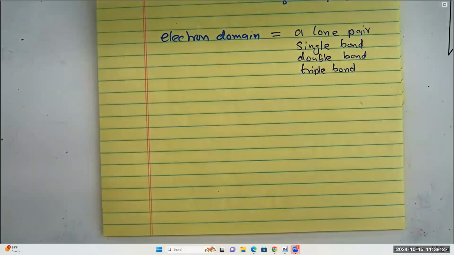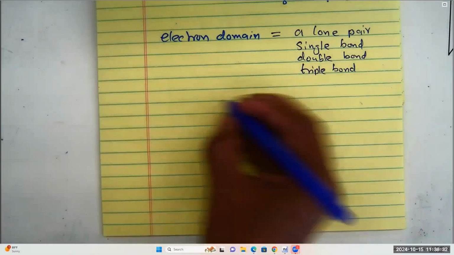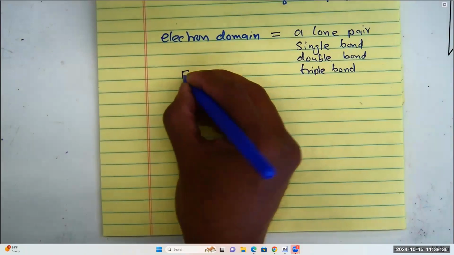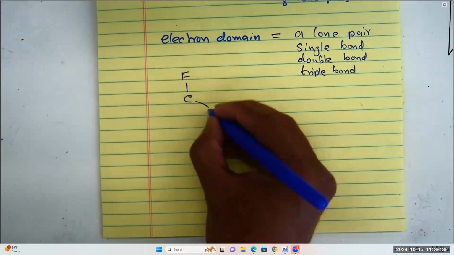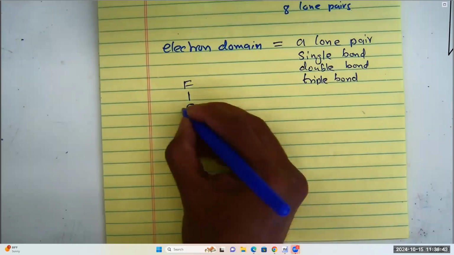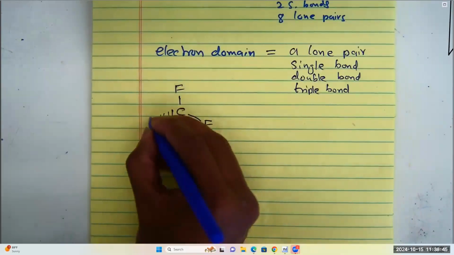CF4. I'm going to directly draw because most of you already did. Okay, so it looks like this. So we have carbon, we have fluorine, another fluorine, another fluorine, another fluorine.